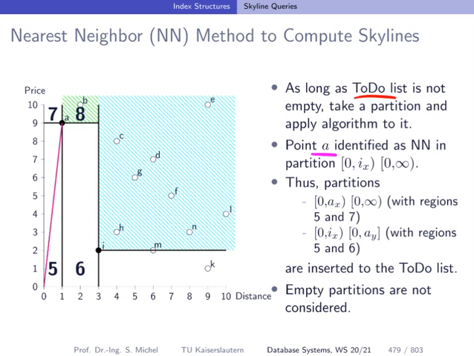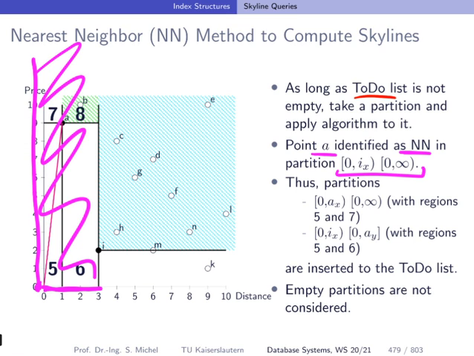This point A is identified by performing a nearest neighbor search in the partition that is specified by these ranges here, so between 0 and Ix on the x-axis and 0 and infinite on the y-axis. So this region here, right? If we execute nearest neighbor search on this region, we will find point A. Hence A is also a skyline point.